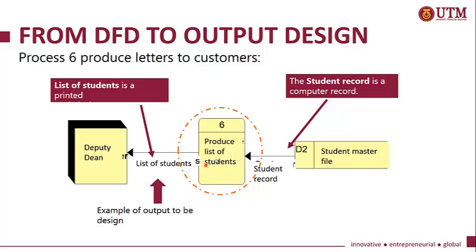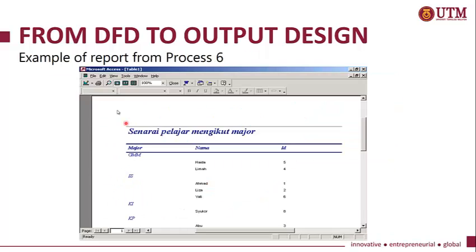This report will be sent to the Deputy Dean through a printed report that contains the list of students registered, maybe for the subject or for that semester. This is an example of the report you can produce from the DFD based on process number 6.